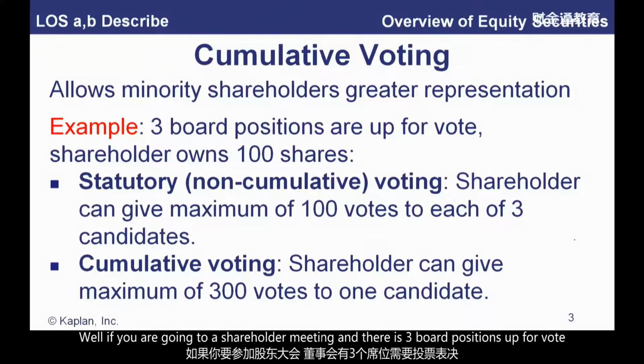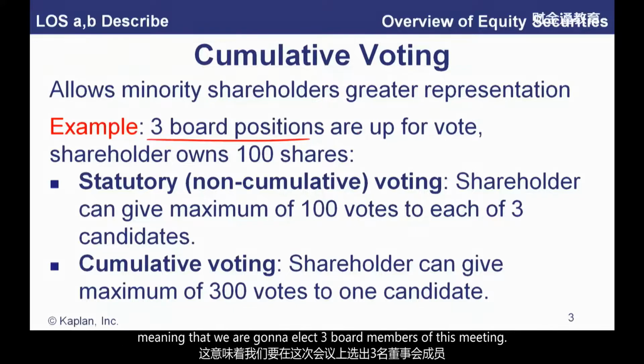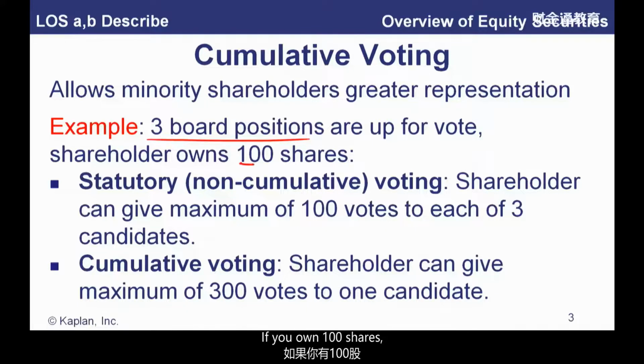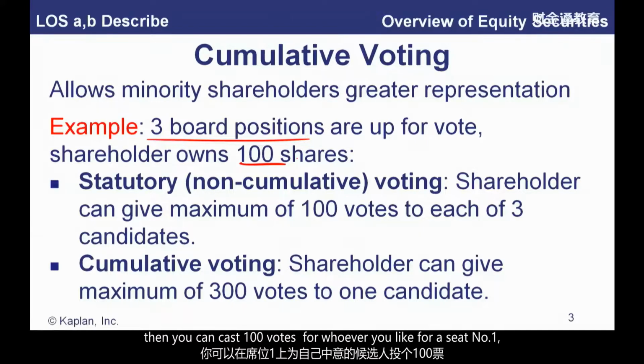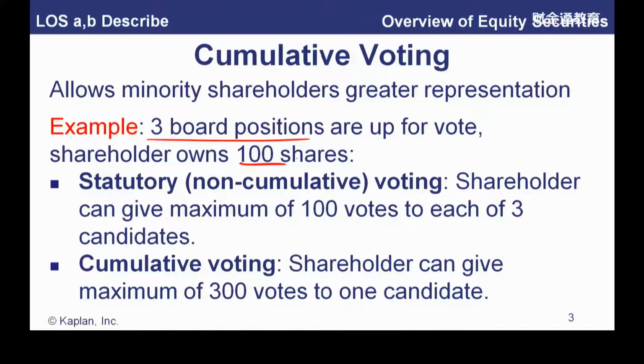Well, if you're going to a shareholder meeting and there are 3 board positions up for vote, meaning that we're going to elect 3 board members at this meeting, and you own 100 shares and we're doing non-cumulative voting or statutory voting, then you can cast 100 votes for whoever you like for seat number 1 and 100 votes for seat number 2 and 100 votes for seat number 3. 1 share is equal to 1 vote.